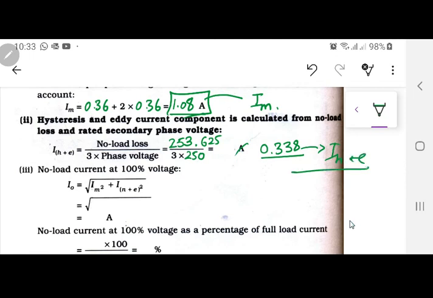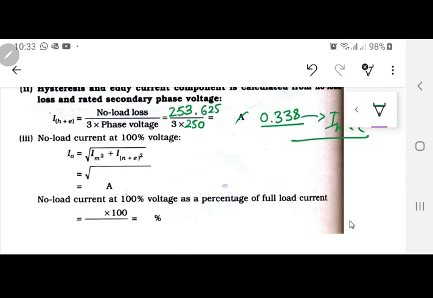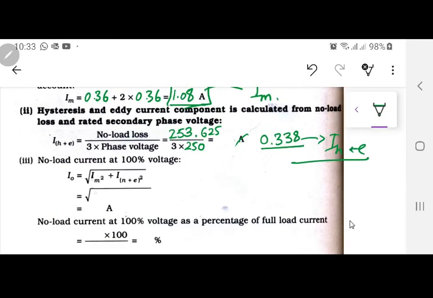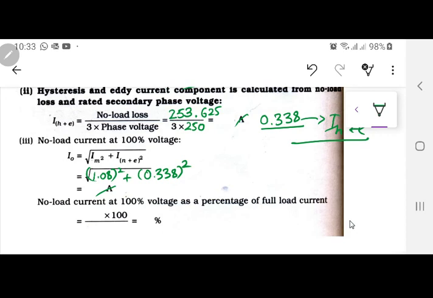So now Im square plus hysteresis plus eddy. What is Im? Im is 1.08 square plus 0.338 square. Please give me the answer after square root. 1.13 amperes. So this is actually the no load current I naught over here.